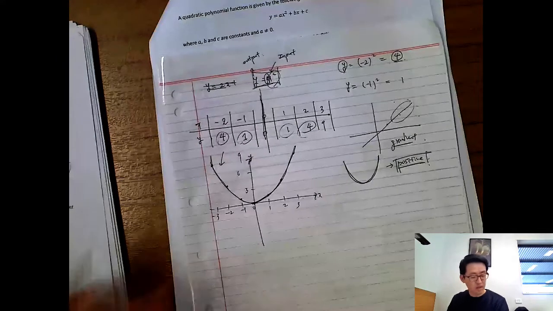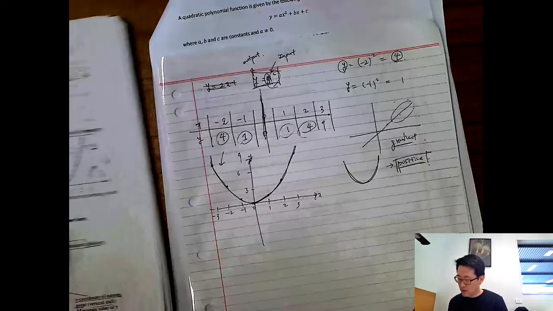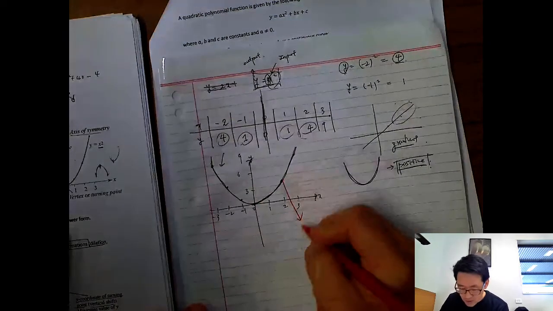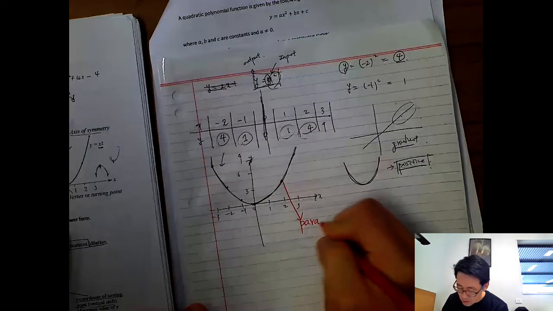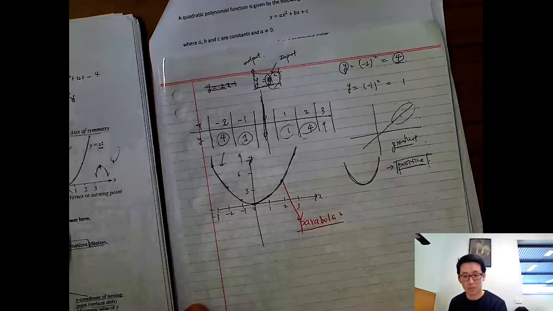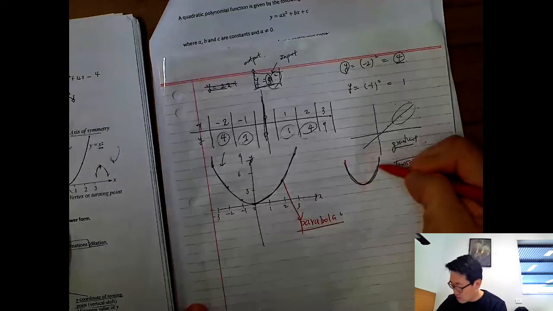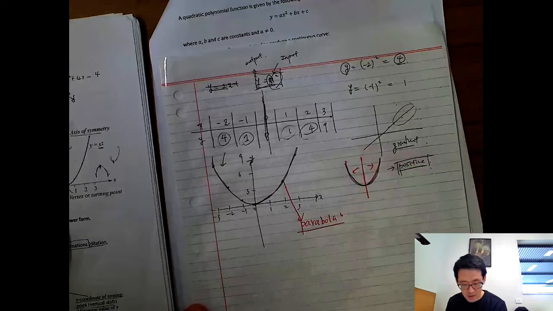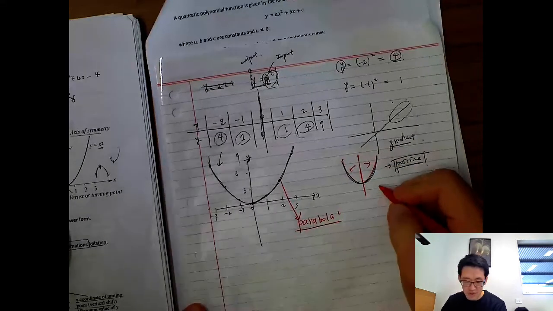Let's think about each characteristic here. The graph is called a parabola. The parabola looks like this, and the left and right hand sides are symmetrical.